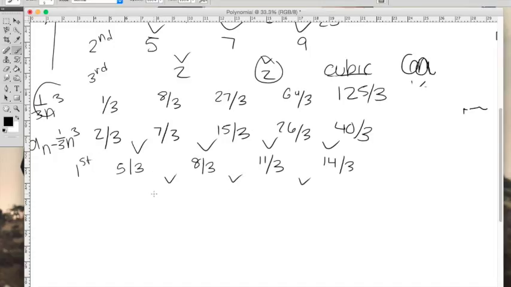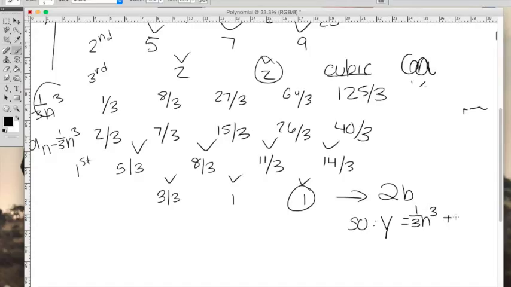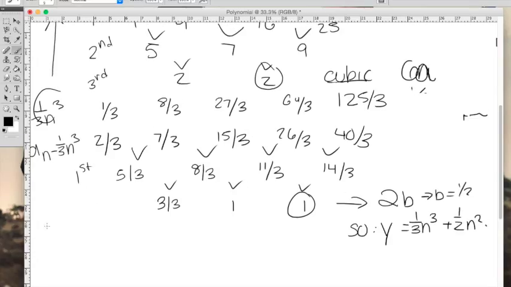And then the second difference, because hopefully this part is quadratic, is 3/3 or 1, 1, 1. So this number here is 2b, so the equation is y equals 1/3 n cubed plus 1/2 n squared.